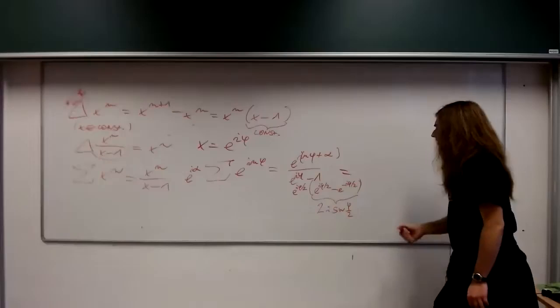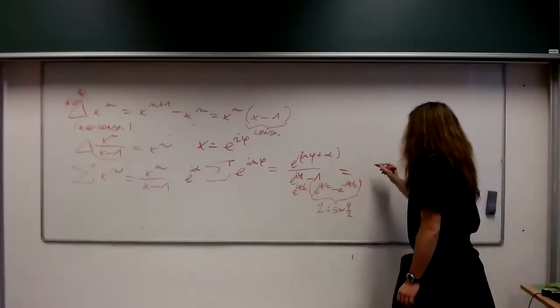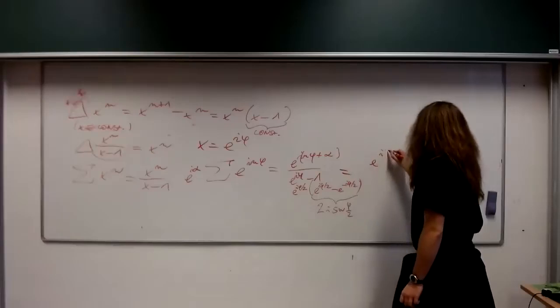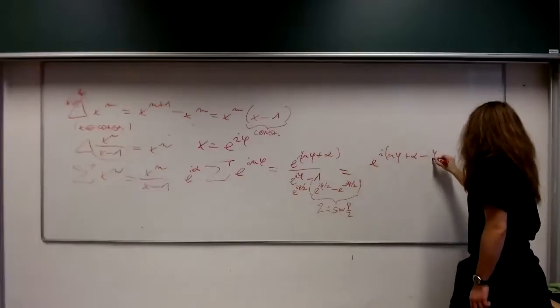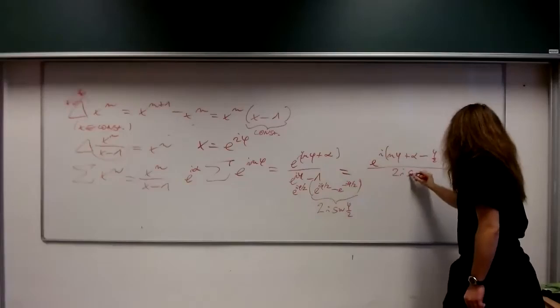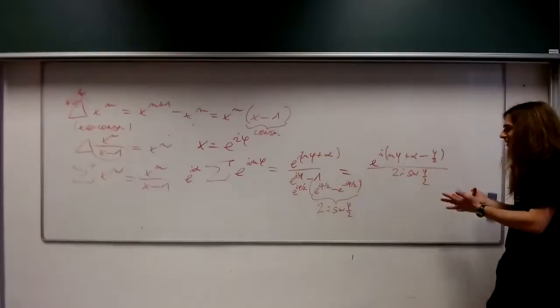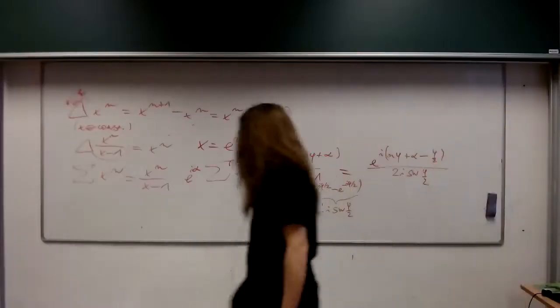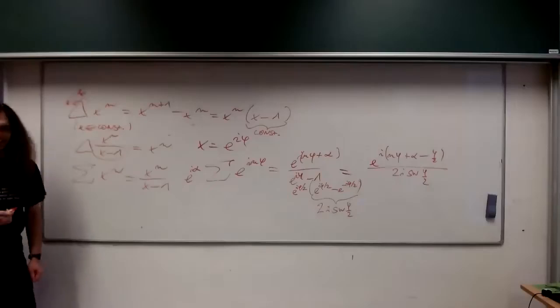So by doing this, we can put this in the numerator and get e to the i n phi plus alpha minus phi half over 2i sine phi over 2. And by this, we get formulas for summing sines and cosines, which is pretty nice, considering the amount of job we have done, which is next to nothing.